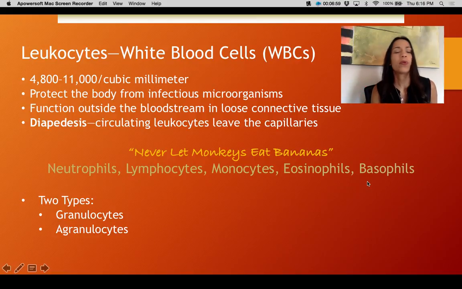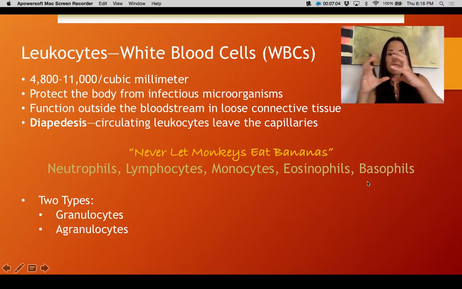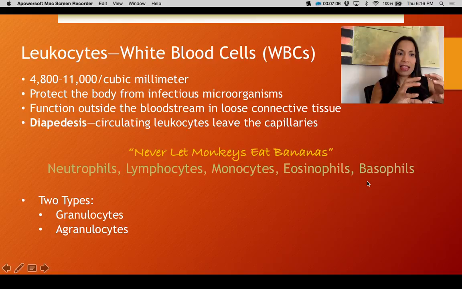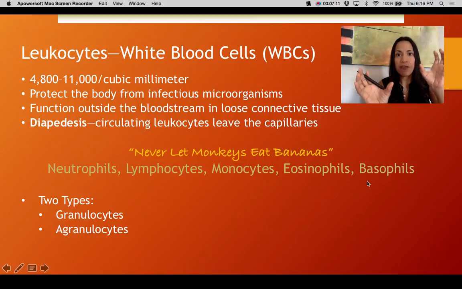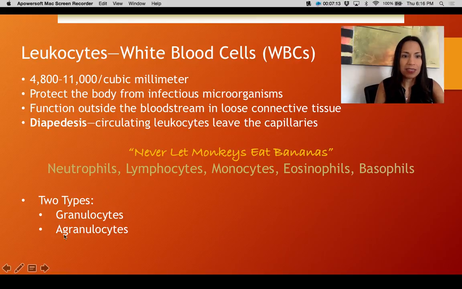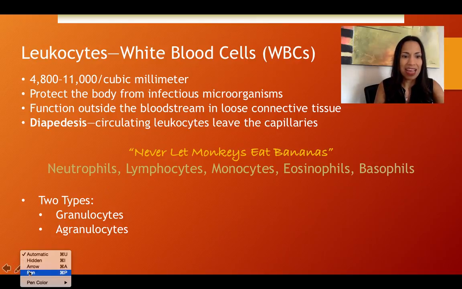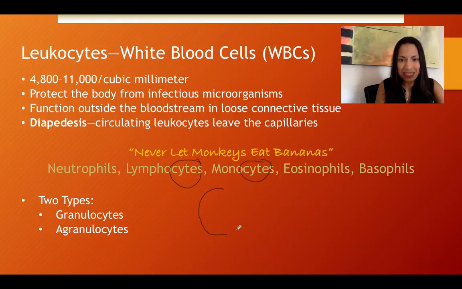But I'm going to explain this by grouping the leukocytes, or white blood cells, in two categories. We have a group of these cells, the ones that end in cytes, this one and this one. You have the cell, the nucleus, I'm drawing a face, and the cytoplasm looks uniform.